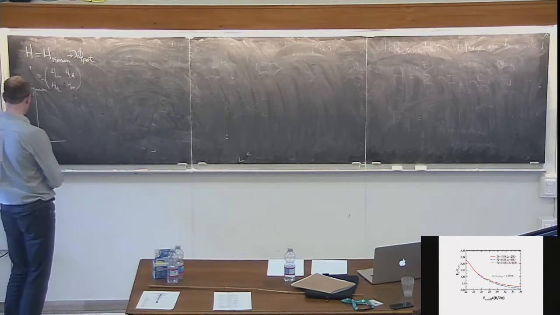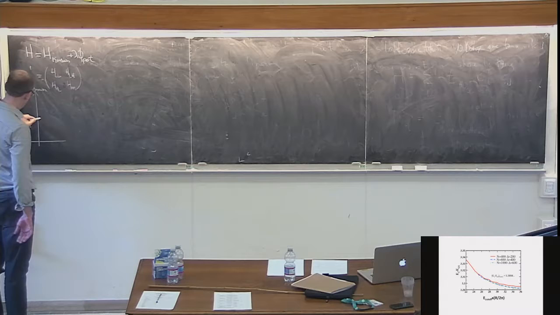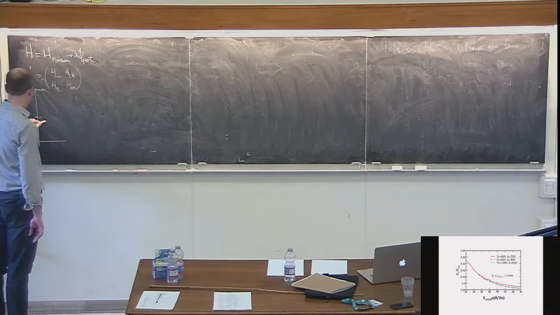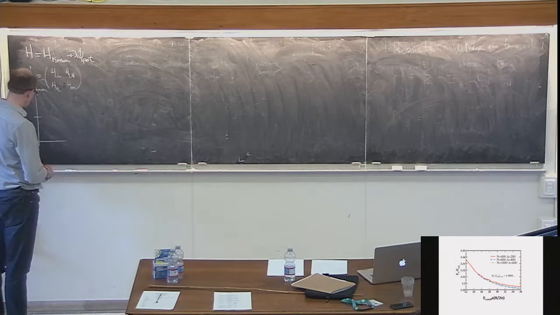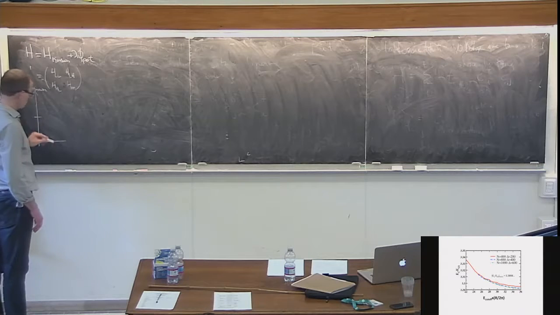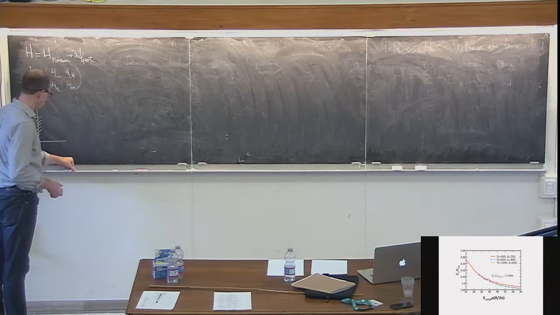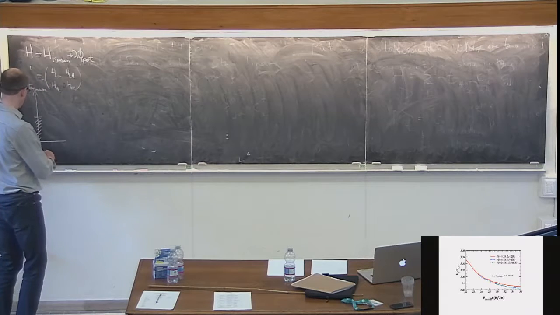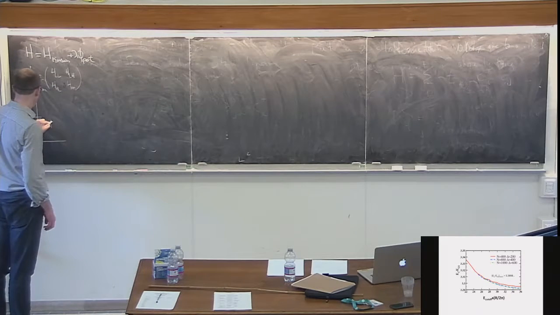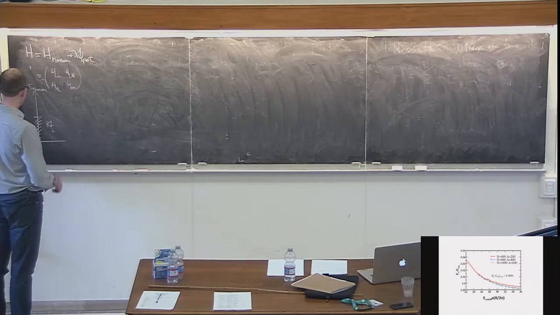And in terms of our spectrum, we'd managed to get up to a certain point in the energy spectrum. So this was the low energy portion of the Hilbert space.